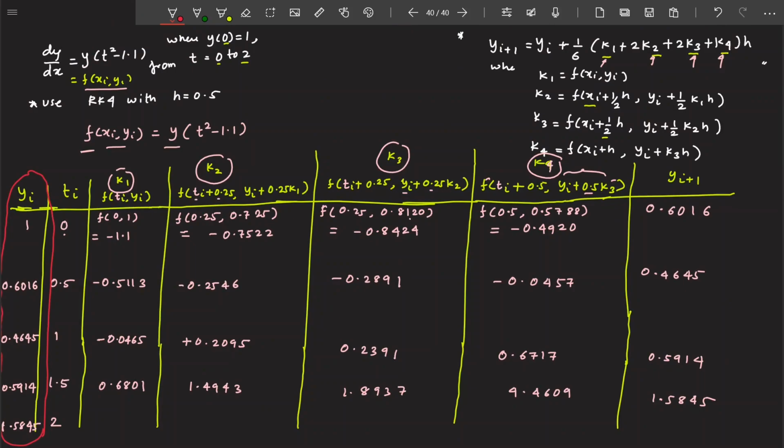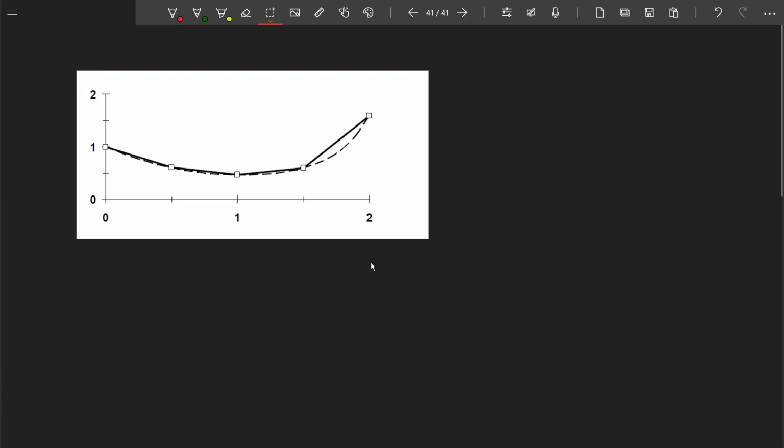And if you want to see how the problem looks, I can show you the image. So this is what you will see.